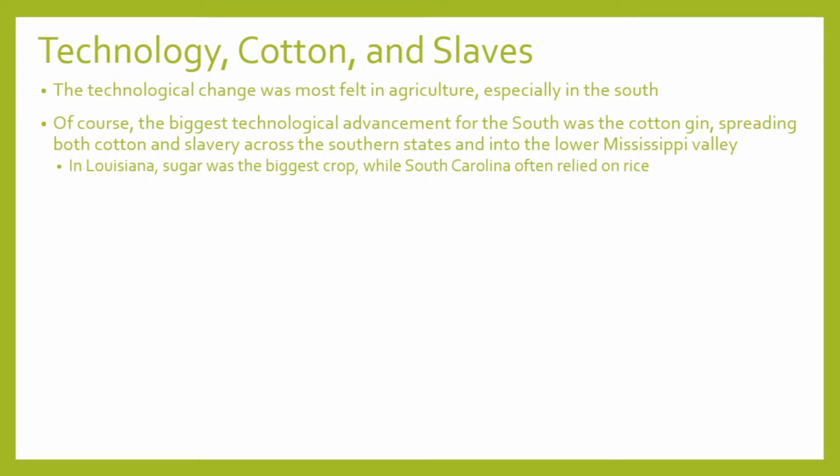So it's most of the economy. But for example, in Louisiana, sugar was their biggest crop. Here in South Carolina, we mostly had rice because of all our swampy, gross lowlands. It's really, really good for rice. So it wasn't just cotton. It was just mostly cotton.